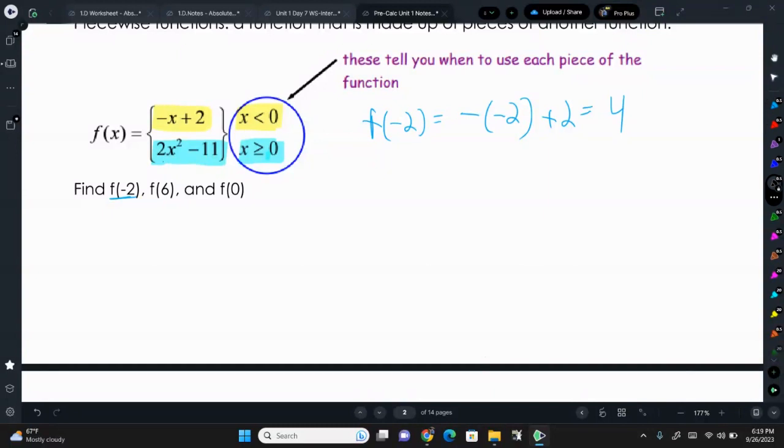Now, f of 6, 6 is greater than 0, so I'm going to use the second function. So f of 6 would equal 2 times 6 squared minus 11. So 6 squared is 36 times 2 is 72 minus 11 is 61.